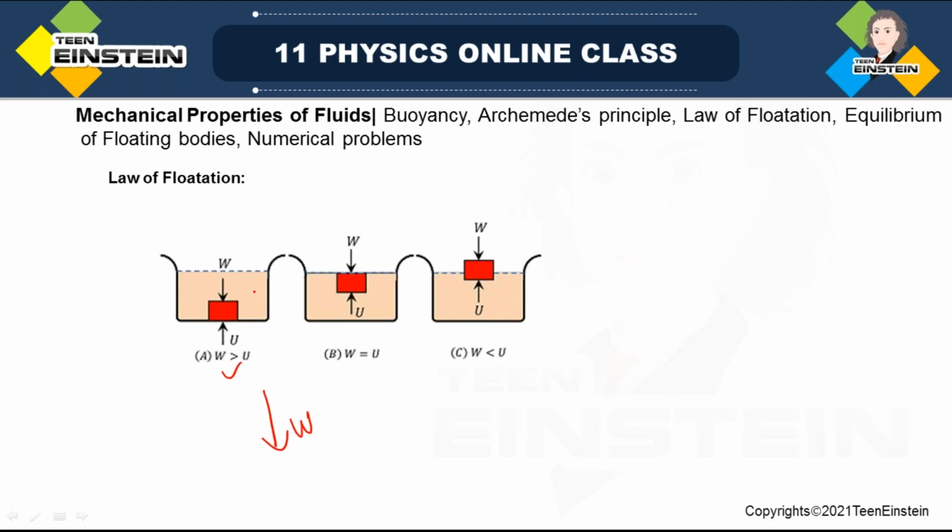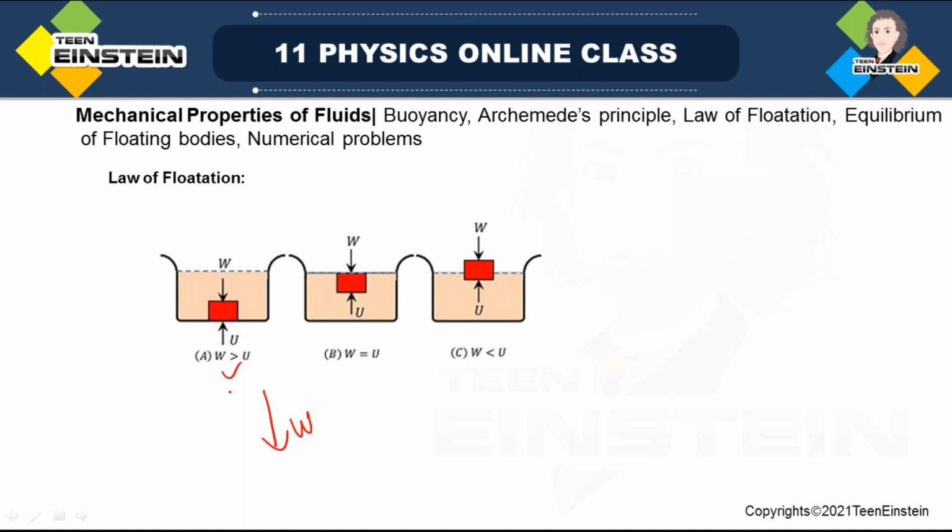When the downward pull, or the weight of the body, is greater than the upthrust, the net force is in the downward direction, and that's how the body will sink in a liquid if its density is greater.